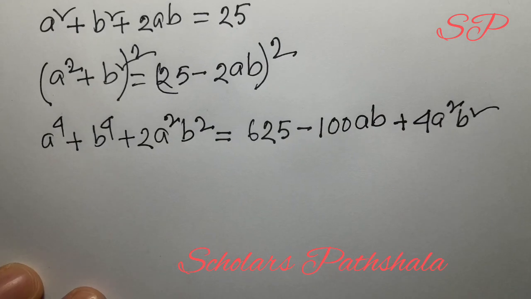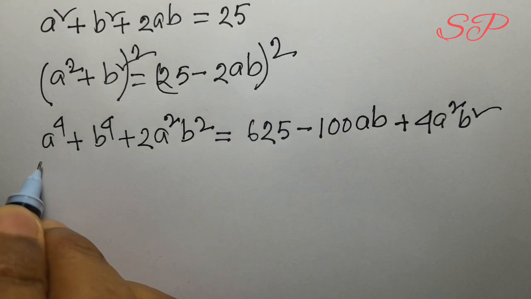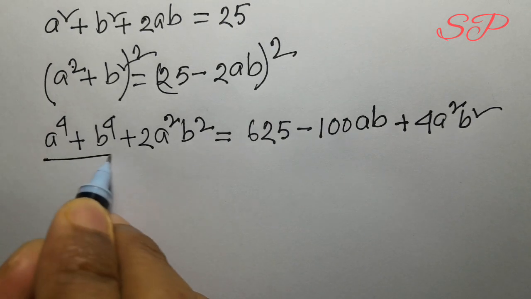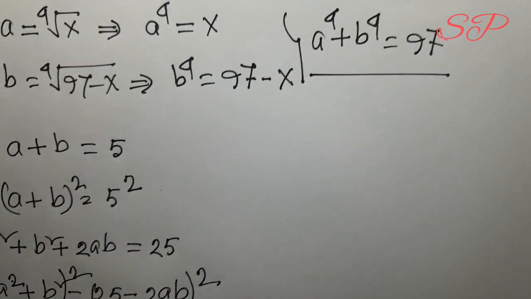Then a to the power 4 plus b to the power 4 is equal to 97.